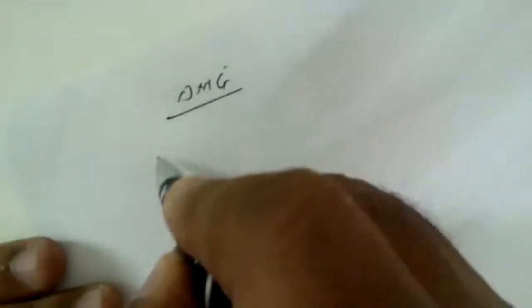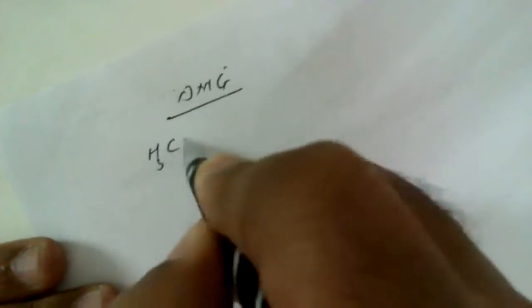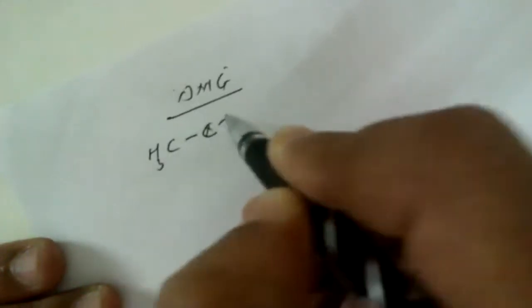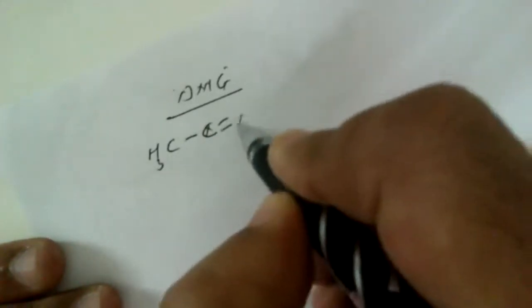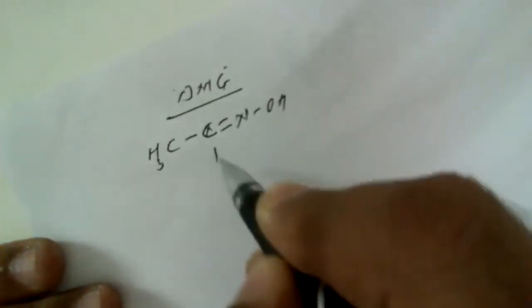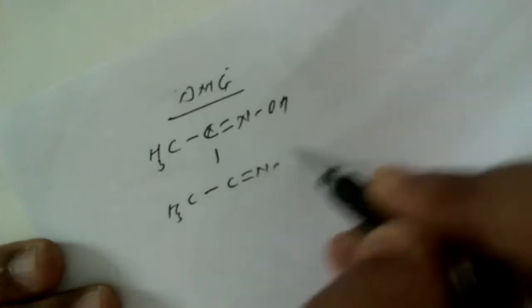I would like to show you this reaction with nickel, which is very simple. Just take a look at this reaction. The dimethylglycine, abbreviated as DMG, has the composition CH3, C double bond NOH, again CH3, C double bond NOH.